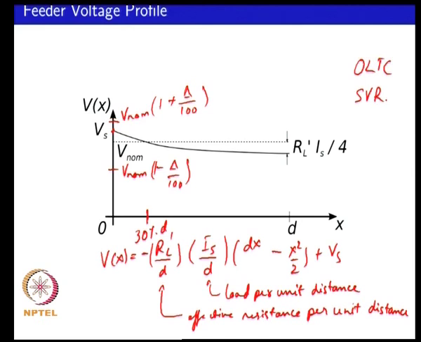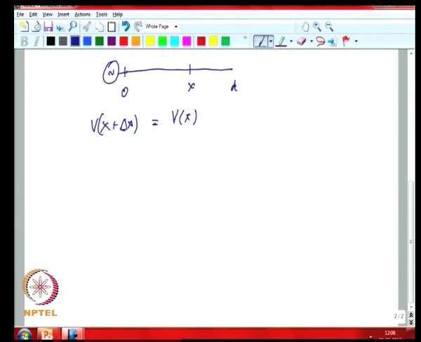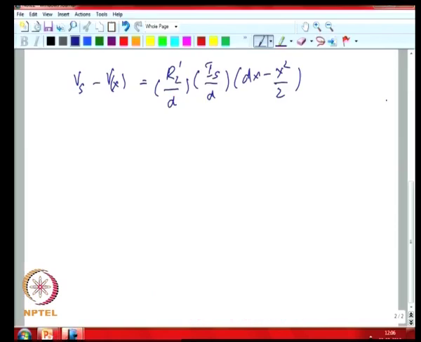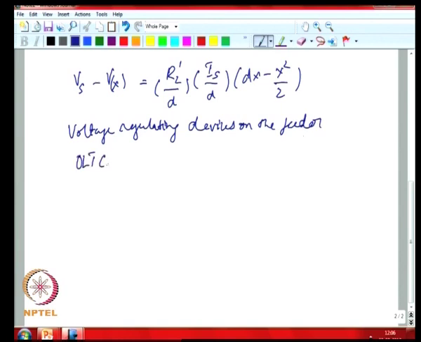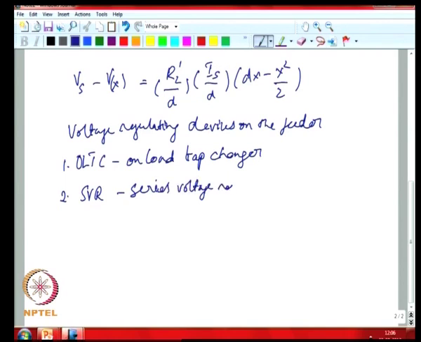Okay. And typically that is at the substation, or you could have a series voltage regulator to get your profile in a desired range. Okay.